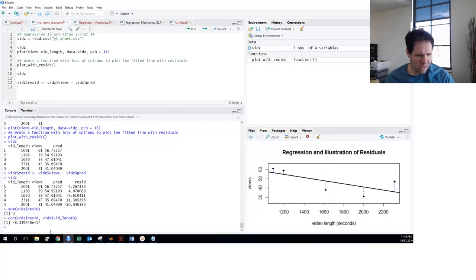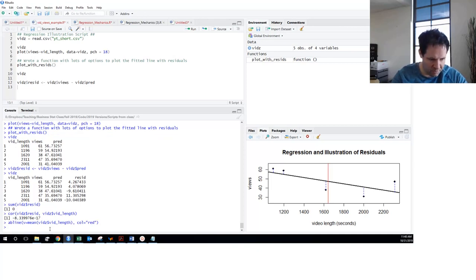Let me just illustrate that. If you were to add a vertical line at the mean of vid length, I'm just going to plot this in red. You get a vertical line at the mean, and then we can do a horizontal line at the mean of views.